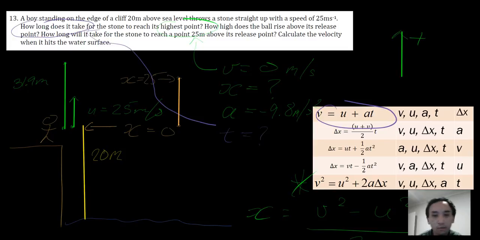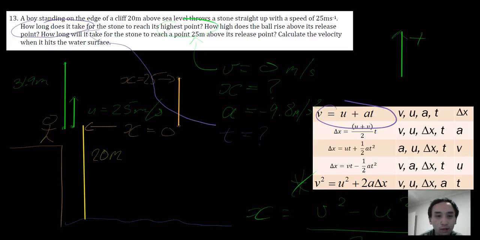In this case, we want a displacement of positive 25 meters above the ground. We can't use v equal to 0 because it doesn't actually reach a velocity of 0 until it reaches the maximum height of 31.9. But what we can use is this 25 for x, 25 for our initial velocity, and a is equal to negative 9.8.